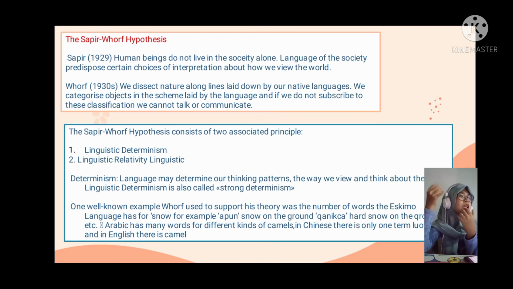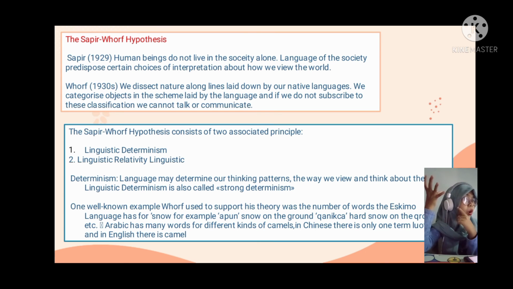One well-known example used to support the theory was the number of words the Eskimo language has for snow, for example, one for snow on the ground and kanika for hard snow on the ground. So they have different words, a classification, for the word snow.